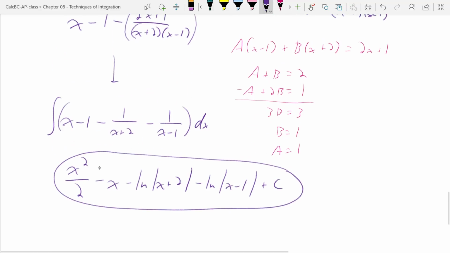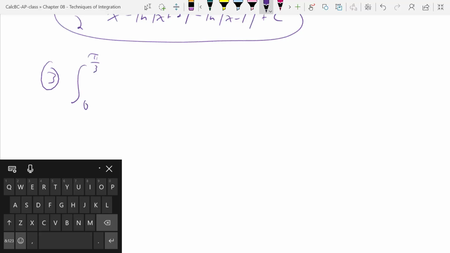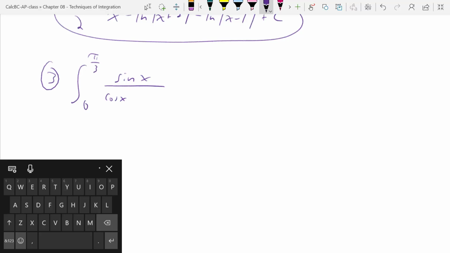Okay. Last example, sorry, this is number 3. We're going to do a definite integral, 0 to pi over 3, of sine x over cosine x plus cosine squared x dx.